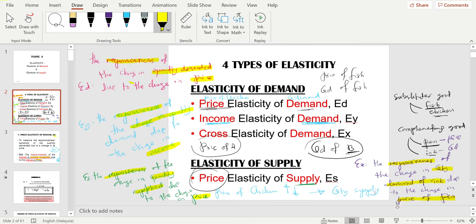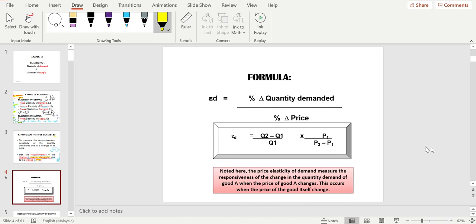Cuma changes sahaja. Okay. While in terms of the formula, this is the formula. Okay, for ED, price elasticity of demand, right? So the formula will be ED equals Q2 minus Q1 over Q1 times P1 over P2 minus P1.